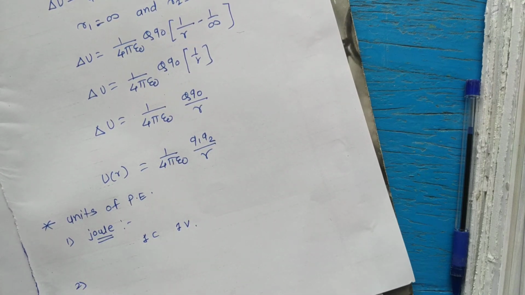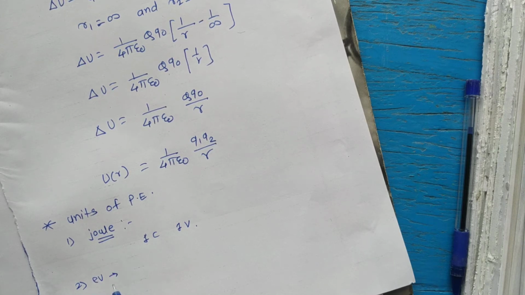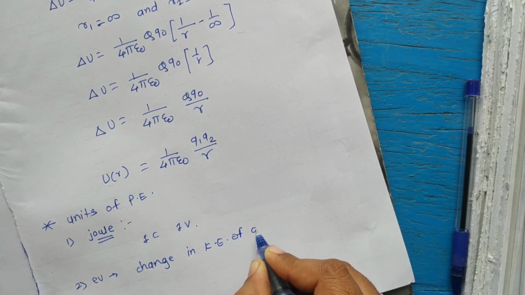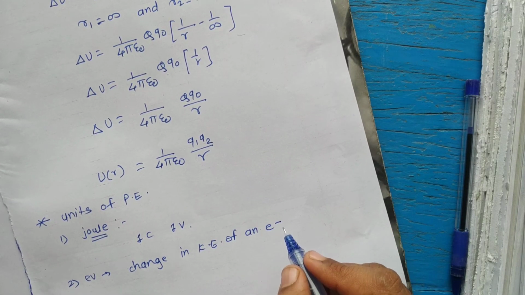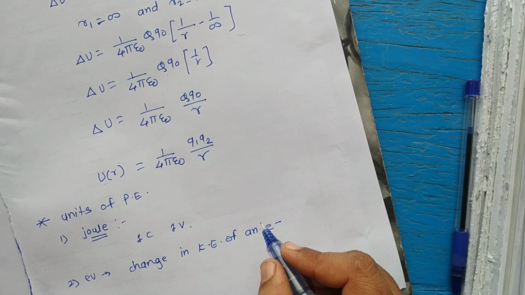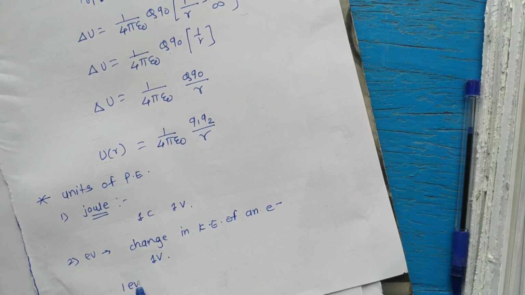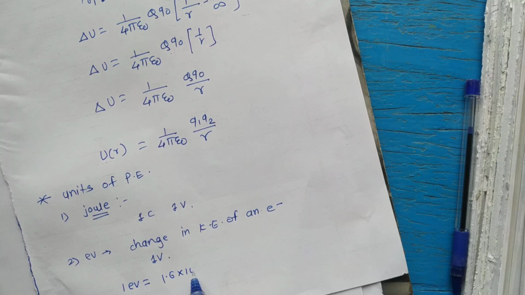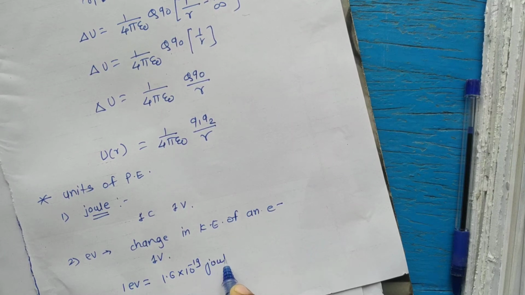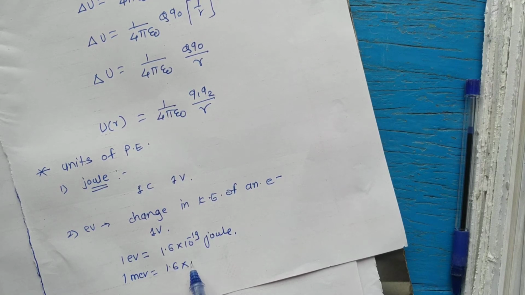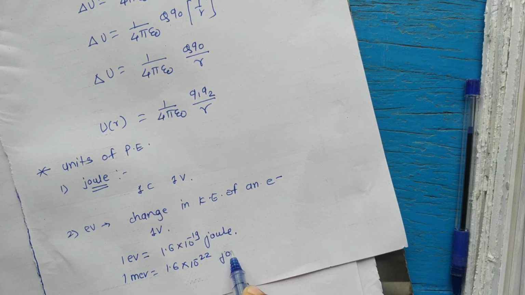Another unit for the potential energy is electron volt, which is the change in kinetic energy of an electron while crossing two points maintained at the potential difference of 1 volt, and 1 electron volt is equal to 1.6 into 10 raised to minus 19 joule. 1 mega electron volt is equal to 1.6 into 10 raised to minus 22 joule.